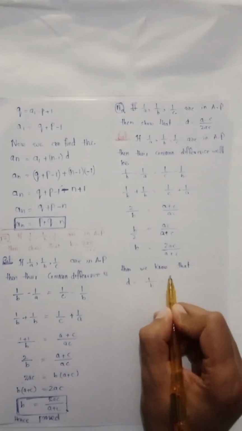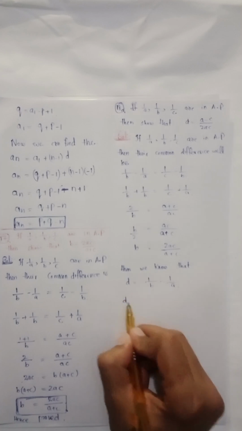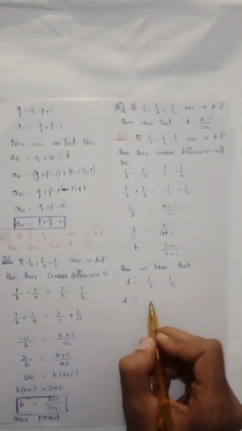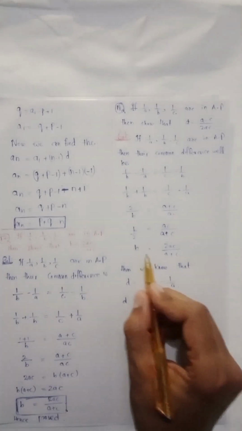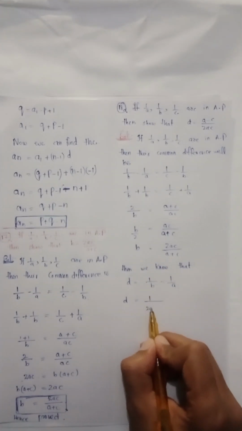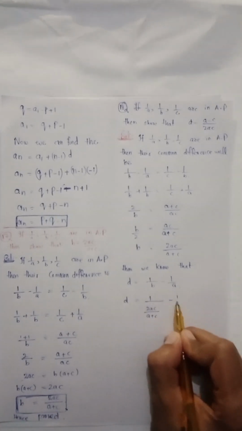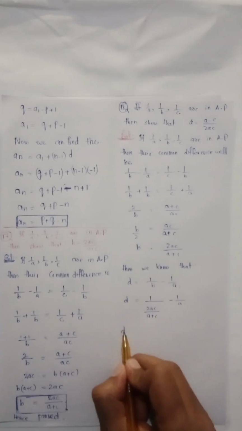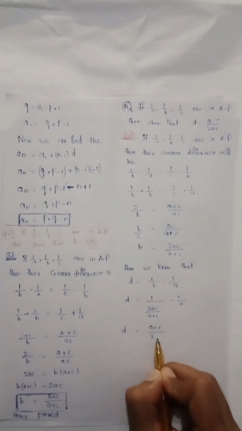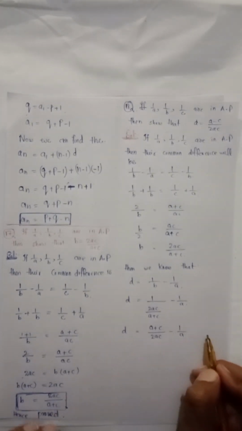1 over b minus 1 over a. Put the value of this b in this equation, we get d equals (a plus c) over 2ac minus 1 over a.